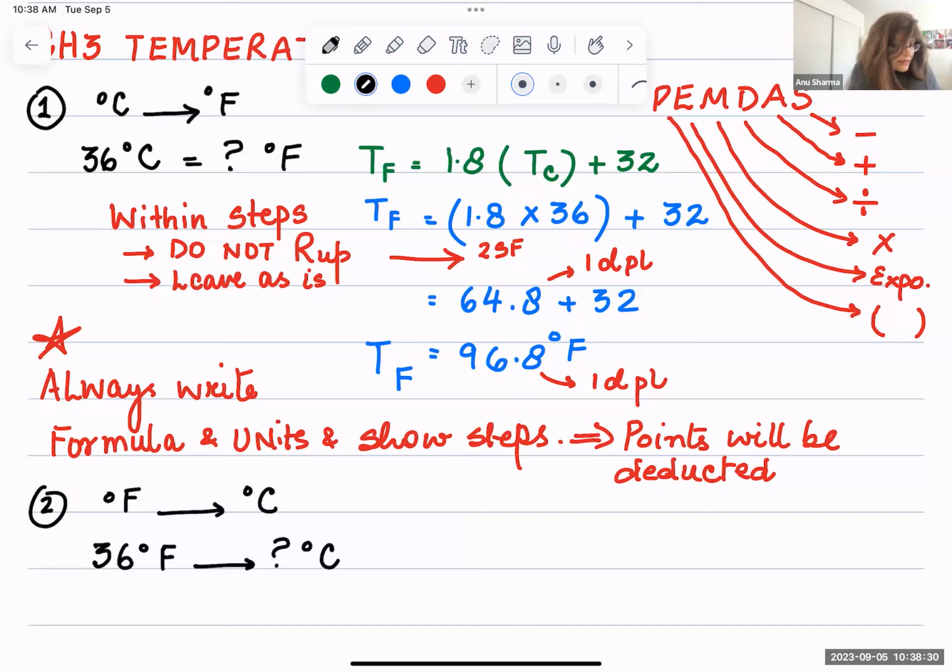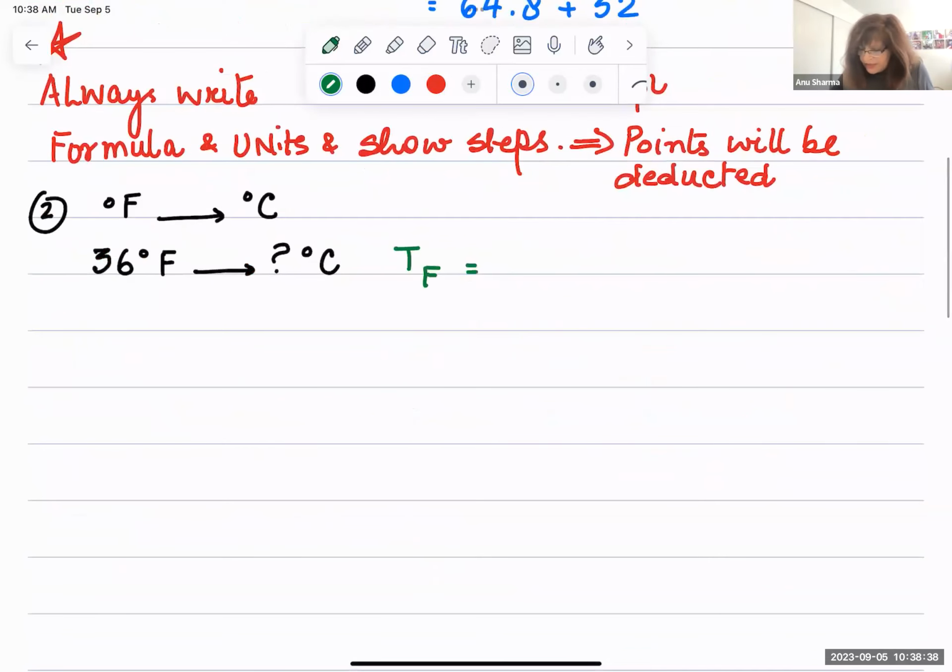So the formula is: degrees Celsius is equal to the degrees Fahrenheit given to you, minus 32, do that first, and then divide by 1.8, the way this formula is written.